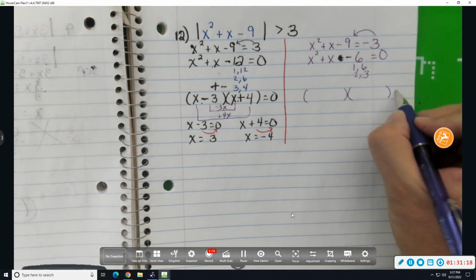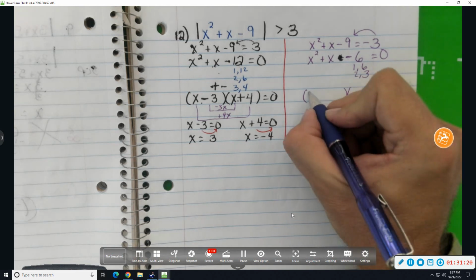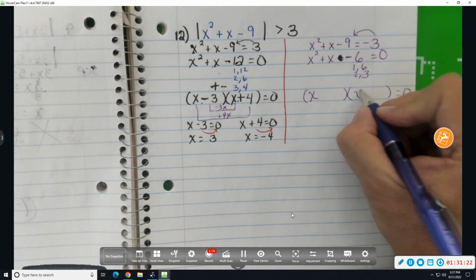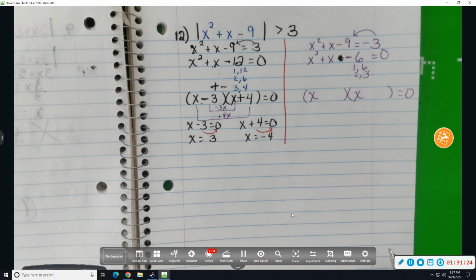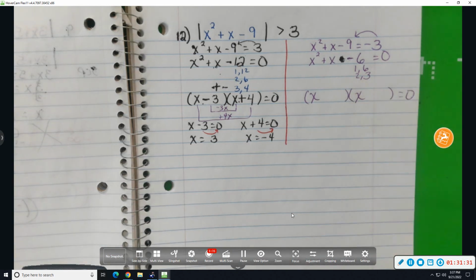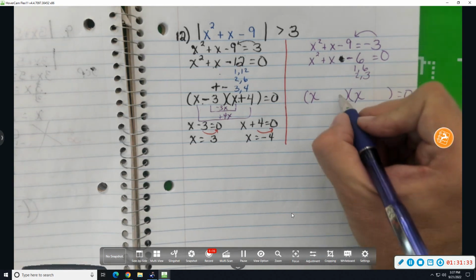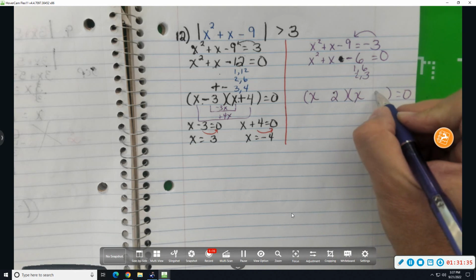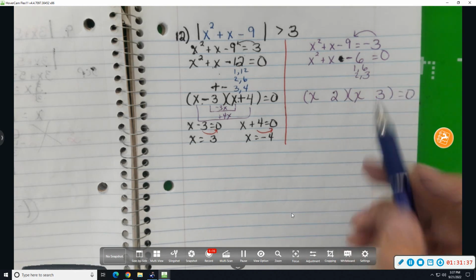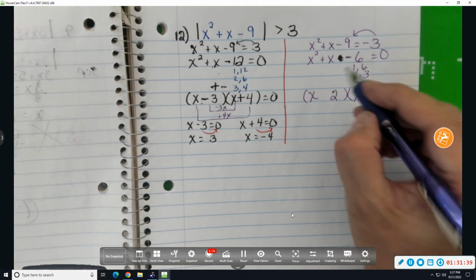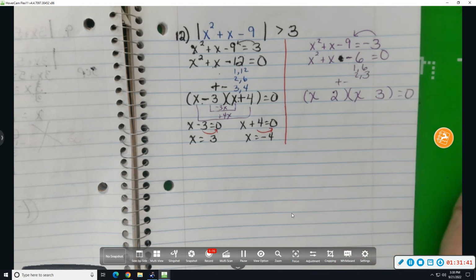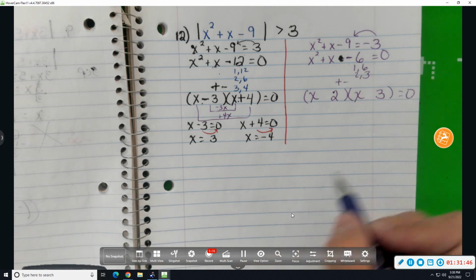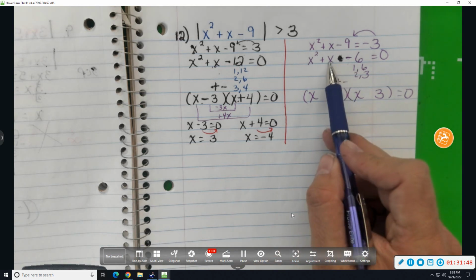Can y'all get this one factored? x and x. Which pair do you think is going to work, the 1 and 6 or the 2 and 3? 2 and 3? And it's a negative 6, so we need a positive times a negative to get a negative. How should I arrange it to get a positive 1x?